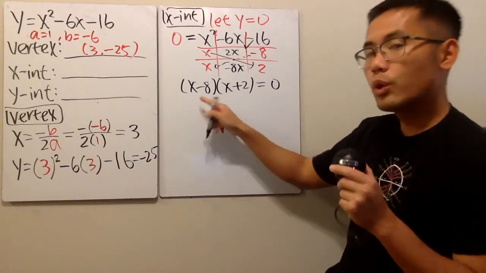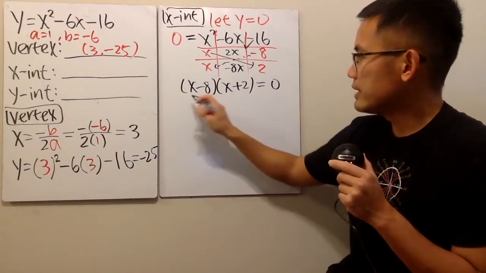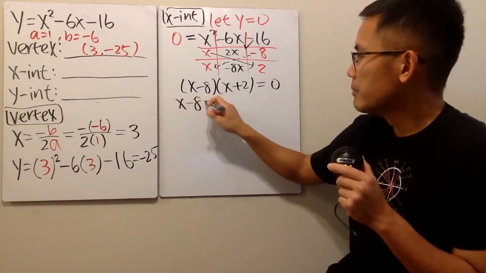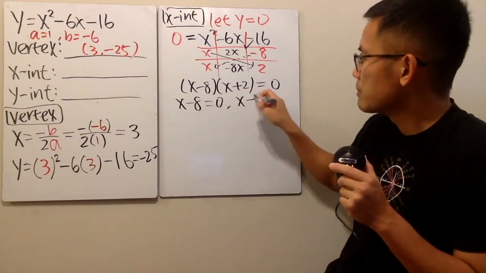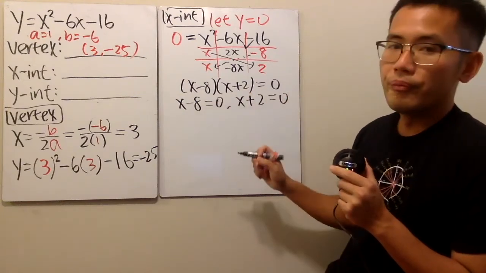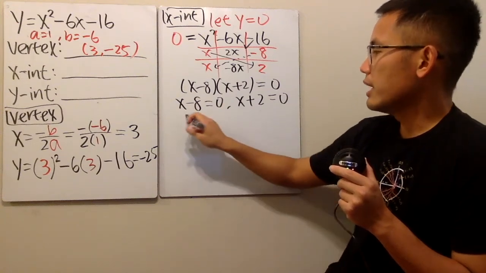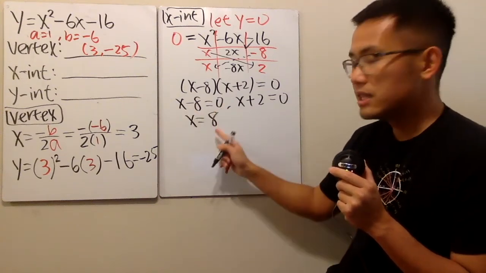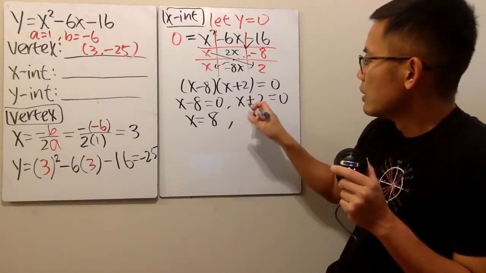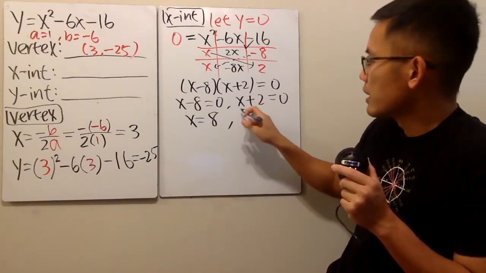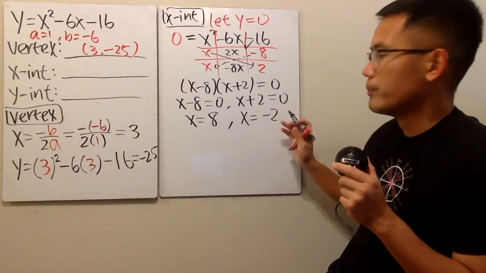Then once we have this, we can just go ahead and break this down. We need to have x minus 8 being 0, and the other one, x plus 2 being 0. Now, right here, go ahead and add 8 on both sides. So we get x is equal to positive 8, right? And then for this, go ahead and subtract 2 on both sides. So we get x is equal to negative 2.